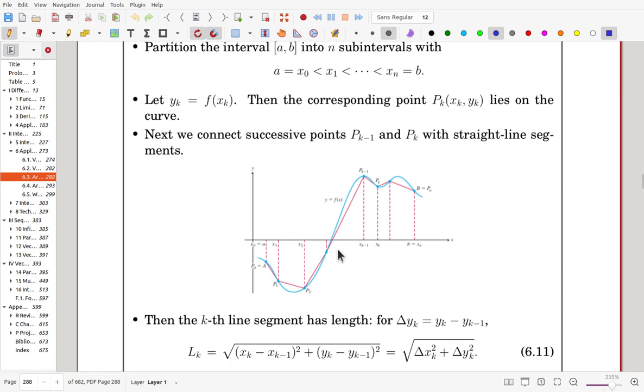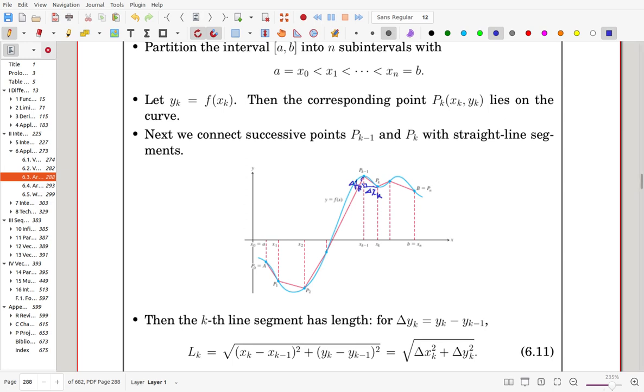Now, for each subinterval, the length of the curve will be approximated by the length of this line segment. For example, in the kth subinterval, if we make a right triangle, then the base will be delta xk and the height must be delta yk.